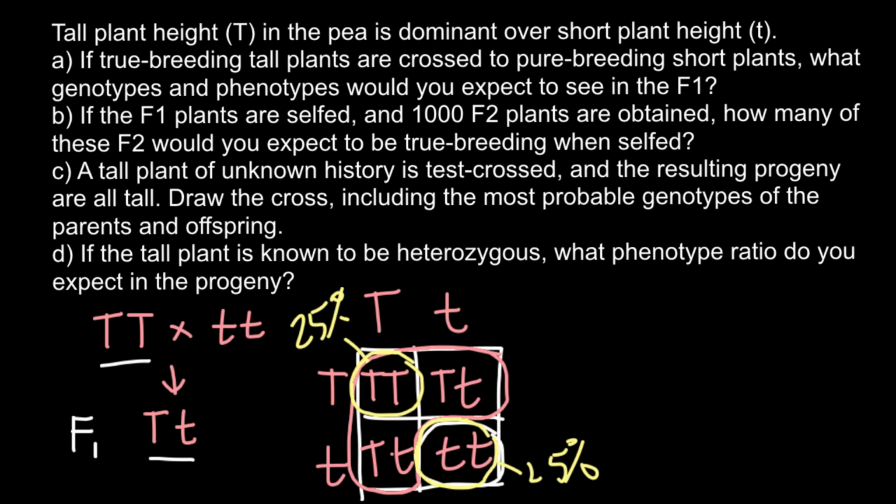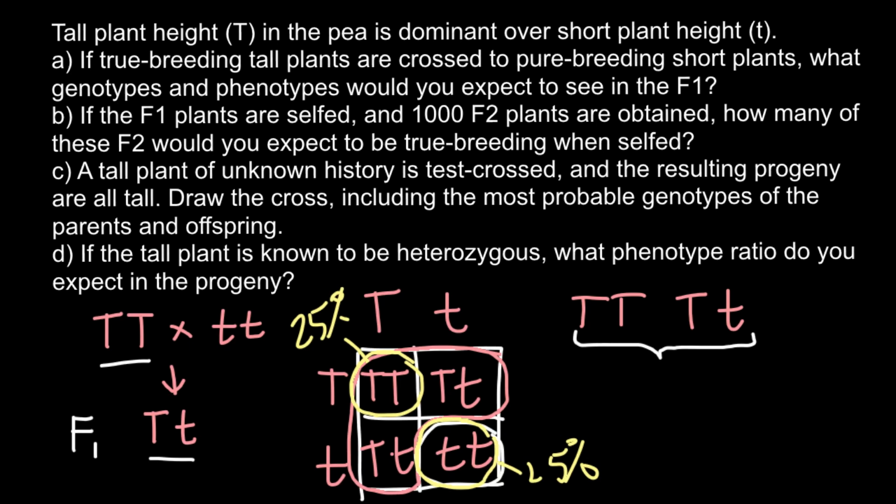In other words, for example, tall plants can be capital T capital T genotype and can be capital T small t. So it can be homozygous dominant or heterozygous, but still these two genotypes make one phenotype, tall plants.